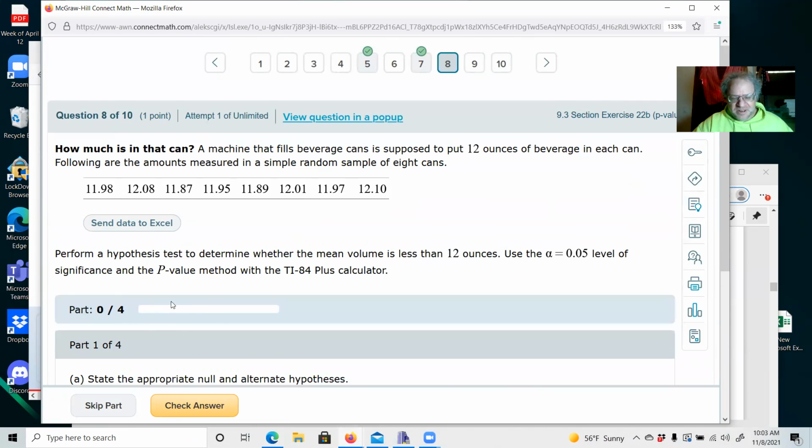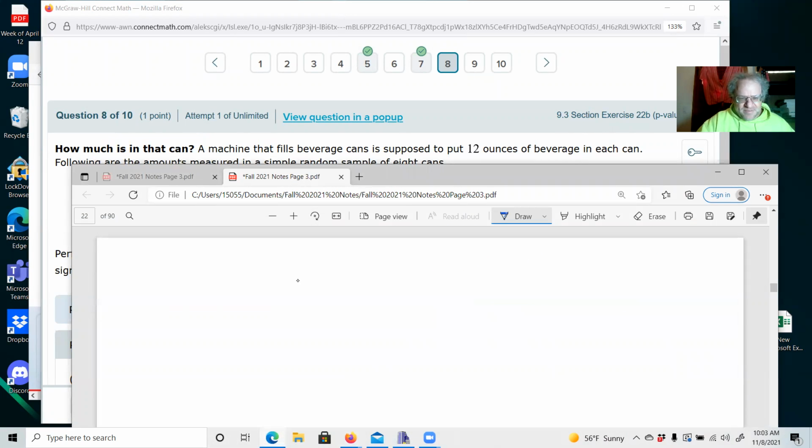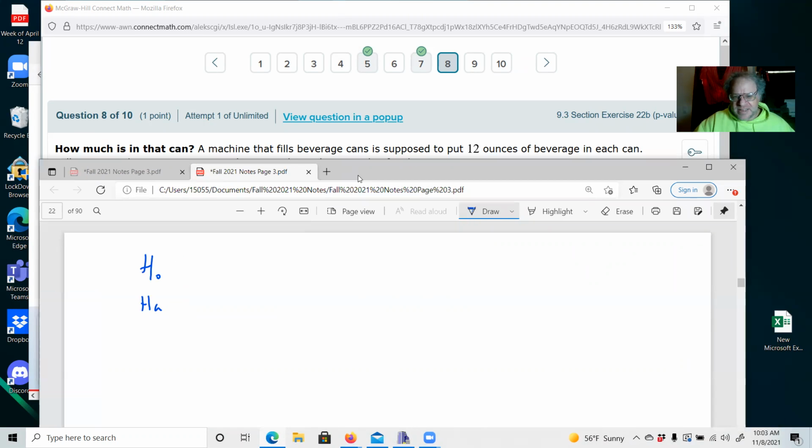Let's see, we're going to go ahead and do this. So we've got H0, HA. The machine fills beverage cans to 12 ounces, but perform a test of hypothesis to say if the mean volume is less than 12 ounces.